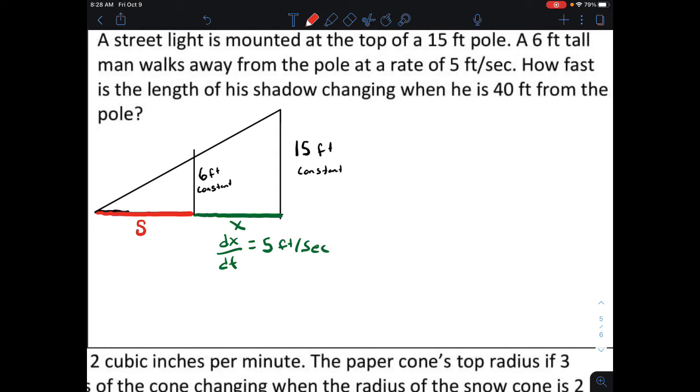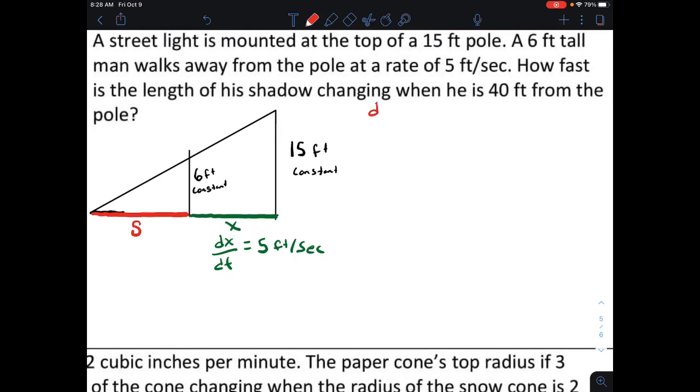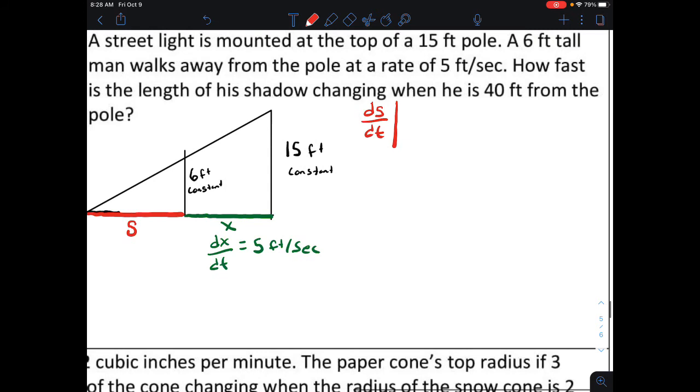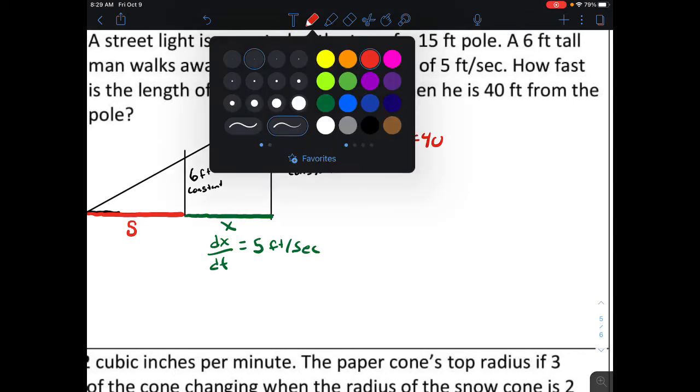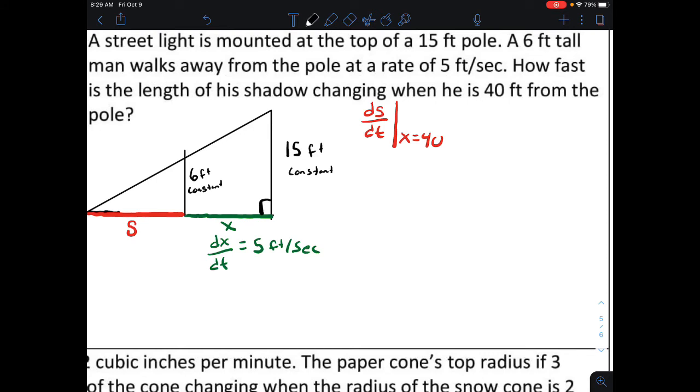We want to find how fast the length of the shadow is changing. So we want to find ds over dt when x is equal to 40, when he's 40 feet away from the pole. All right, well, I need to somehow relate my variables and these numbers together. What you have is similar right triangles.